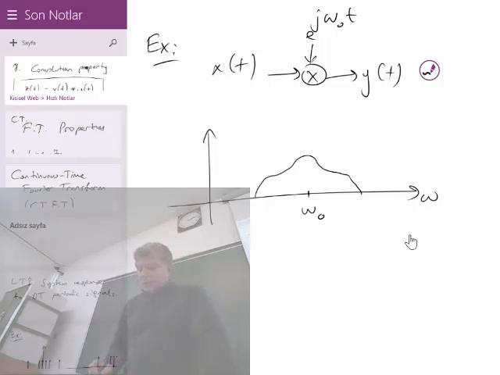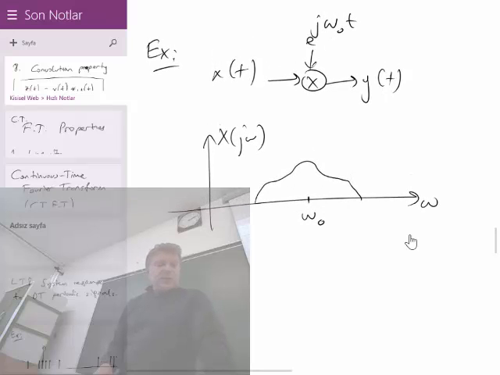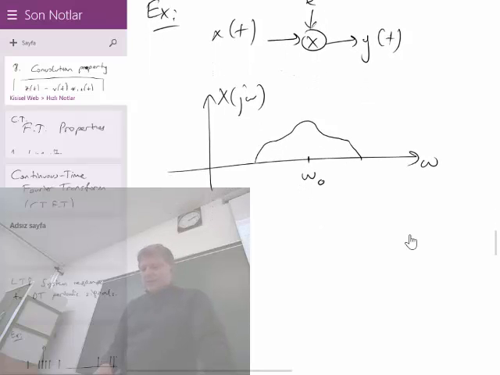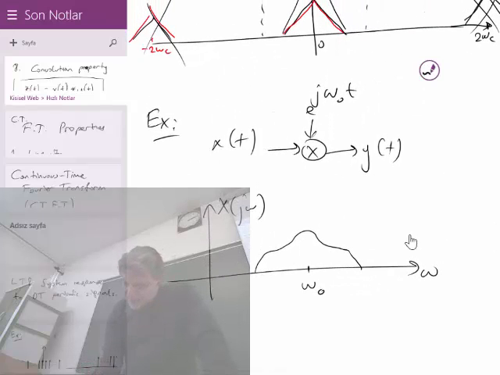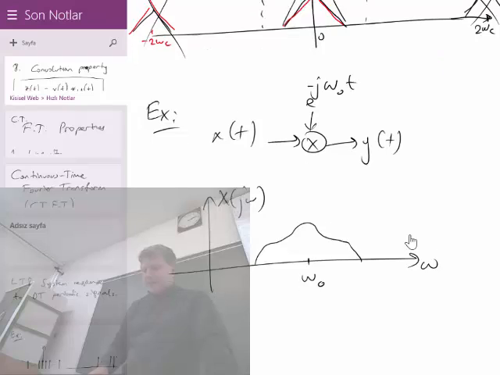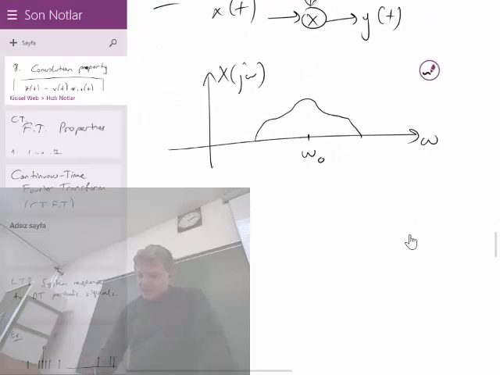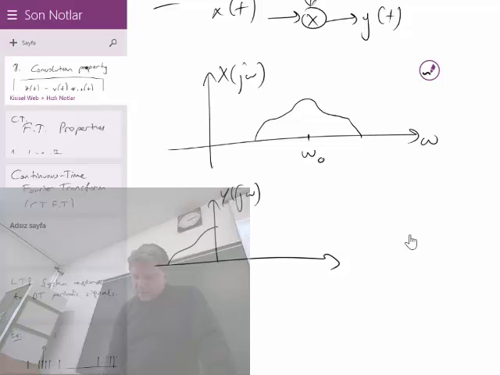So this is x of j omega. When you multiply your time domain signal by e to the j omega 0 t, what you mean is that you're essentially, it must be minus omega 0, so e to the minus j omega 0. You're pulling this shape at the right hand side around the origin. So we can say that y of j omega is sort of like this.